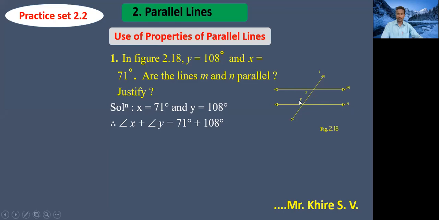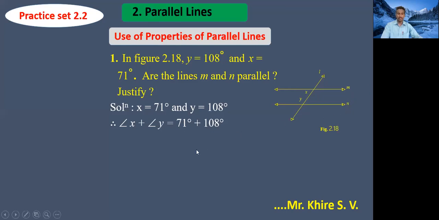Supplementary means sum of these two angles is 180 degree. If it is not 180 degree, then these two lines are not parallel. And if sum of x and y is 180 degree, then line M is parallel to line N.